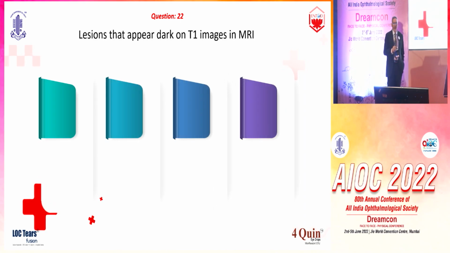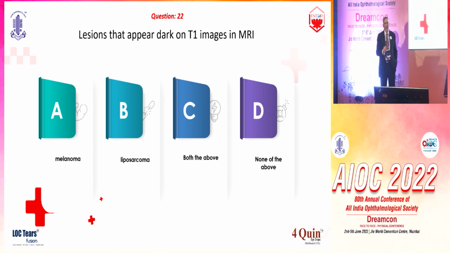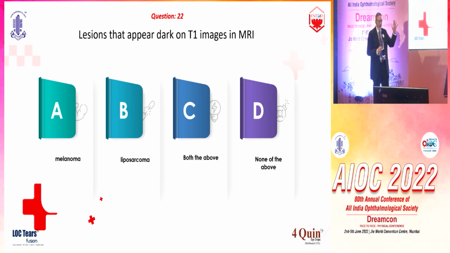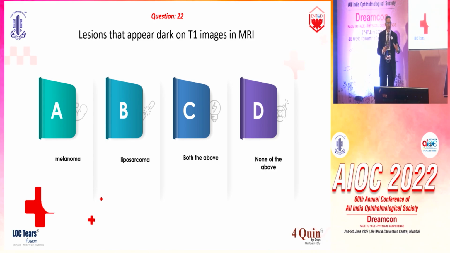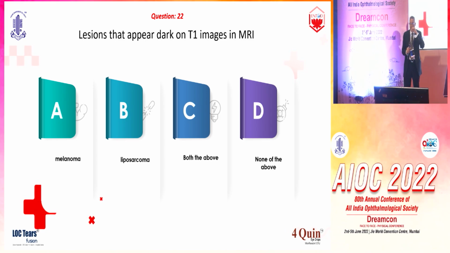Lesions that appear dark on T1 images in MRI. Now, there is something called T1 images and T2 images, so we are talking about T1 images. Lesions that appear dark on T1 images: typically melanoma will appear dark, or liposarcoma, or both the above, or none of the above. Again, logic says go for both the above, but let's see.